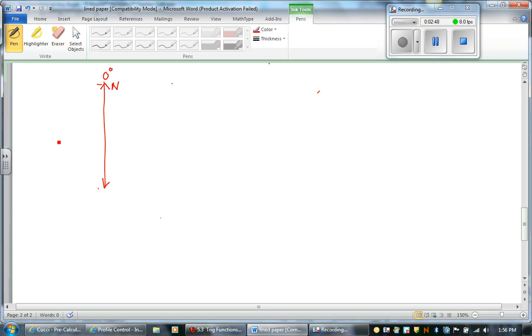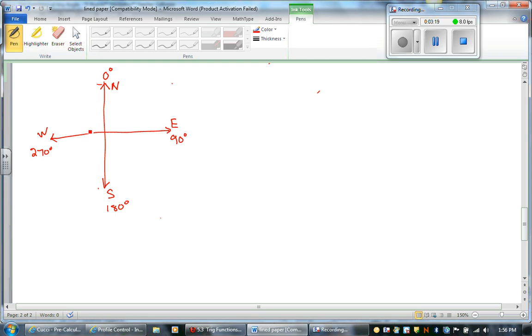They're given clockwise from north. This is going to be my east, this is my south, and this is my west. That should make sense because of how we look at a map, right? Except our rotation, where we've gotten used to going counterclockwise, we're going from north clockwise.